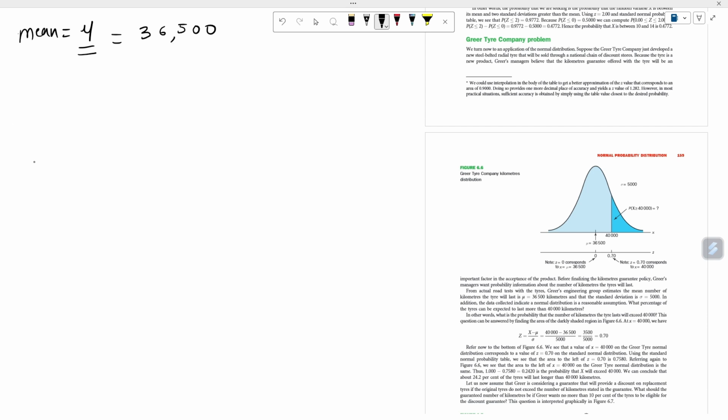And the standard deviation is sigma, which equals 5,000. Standard deviation sigma is 5,000.